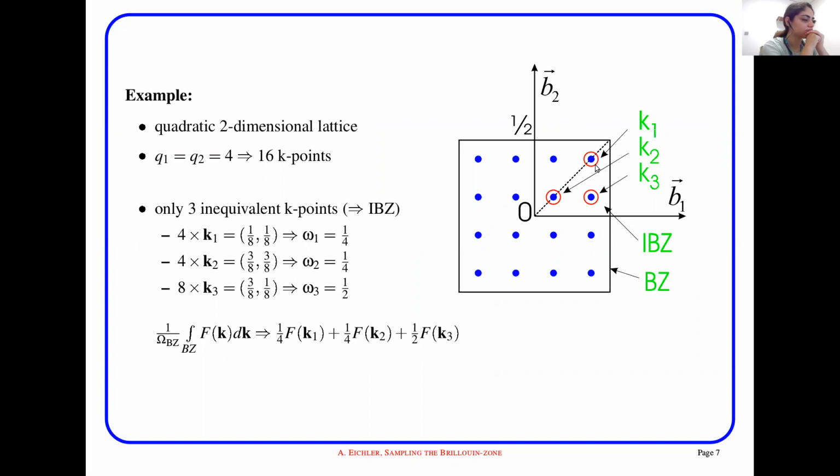K1 and K2 will account for 1/4, because there are just 4 opportunities for this point to be there, while this one will account for 8, because 1, 2, 3, 4, 5, 6, 7, 8. So depending on how many key points you put and how many the package reduces because of symmetry, you also need to weight the key points differently.